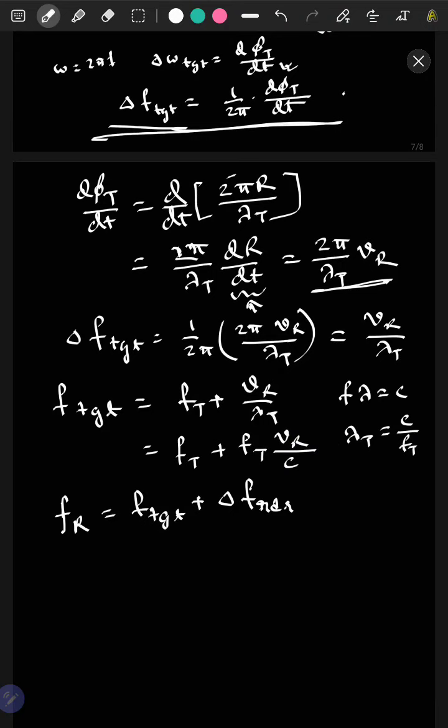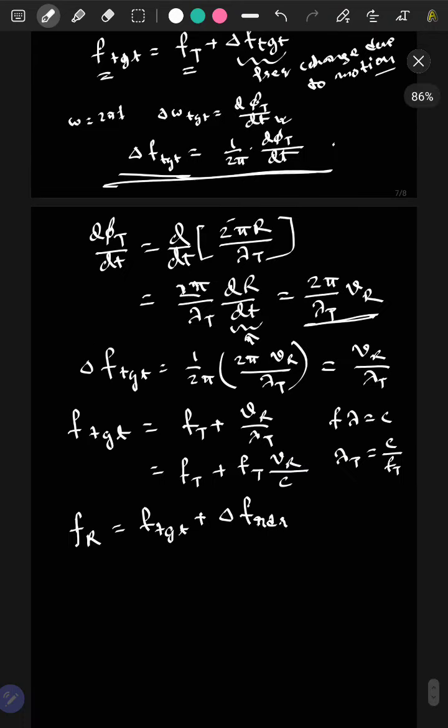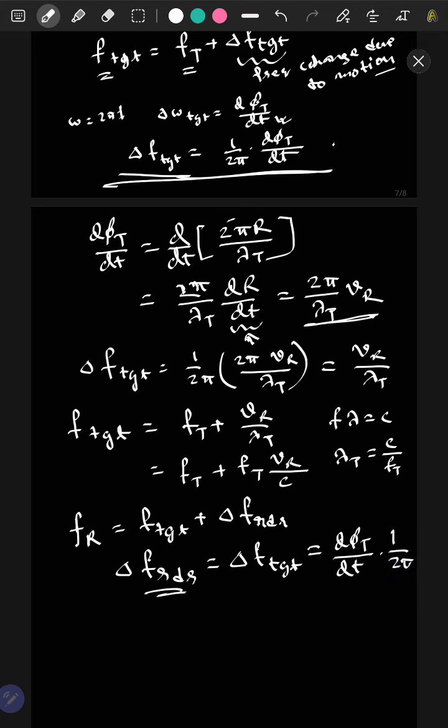As previously done, using the previous derivation, delta FR is nothing but delta F target, which equals d phi t by dt into 1 by 2 pi.